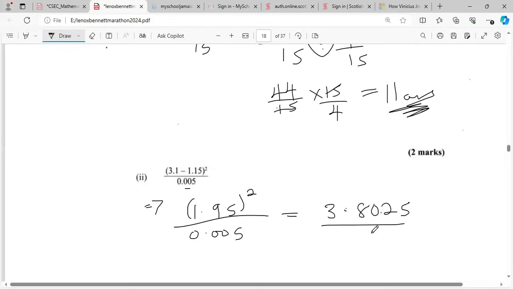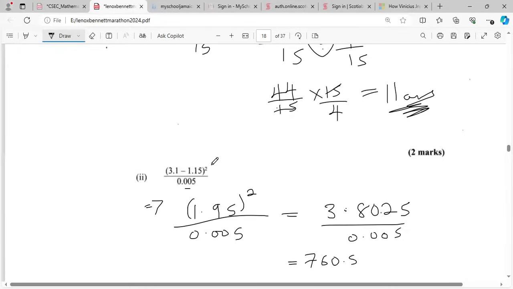And then we have 0.005. Oh yeah, that's what I see everybody got. Good job.